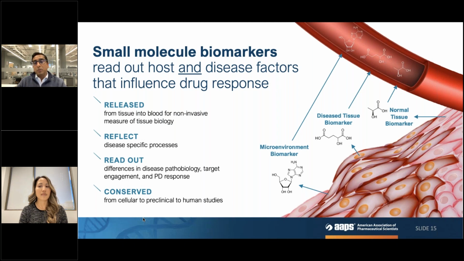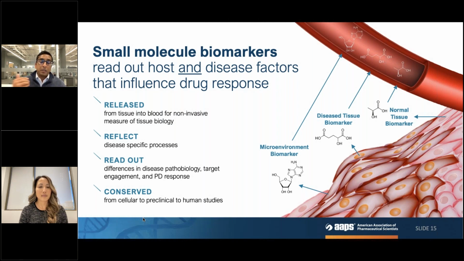Now, these small molecules represent the tens to now hundreds of thousands of small molecules that are produced within our intracellular environment that are present in our blood. Given the physical chemical properties of these small molecules, they can be produced in normal tissue, in diseased tissue, or even within the microenvironment. And given their size and chemical properties, these molecules are readily translocated from the intracellular space into the blood.